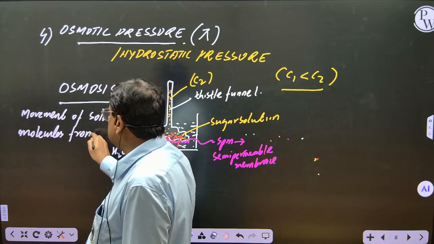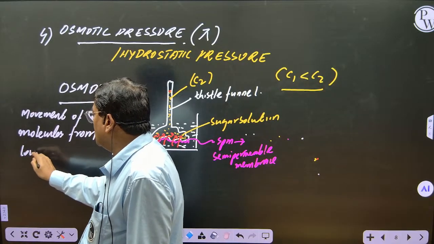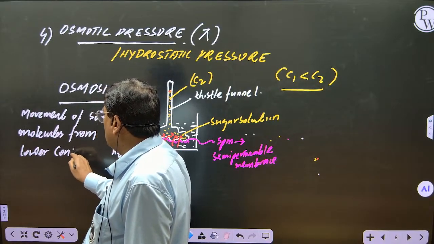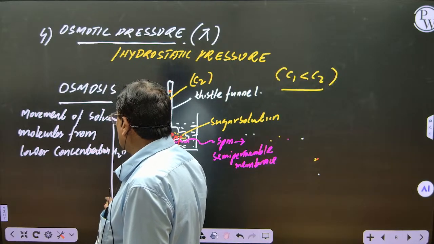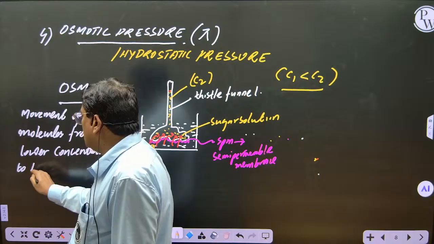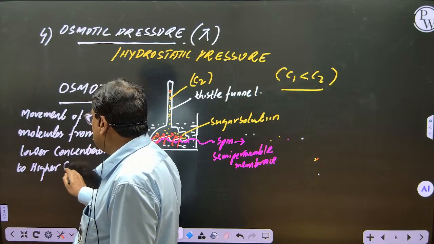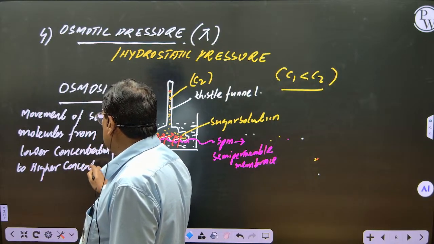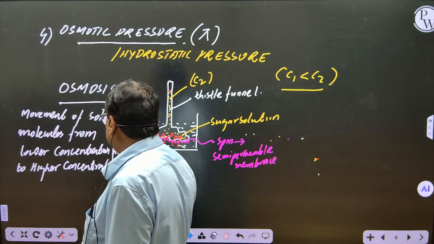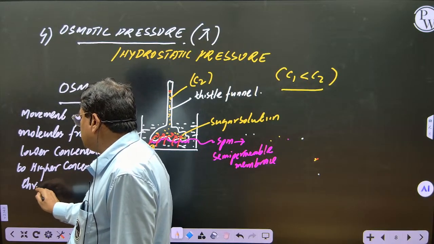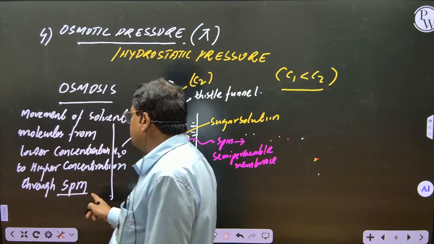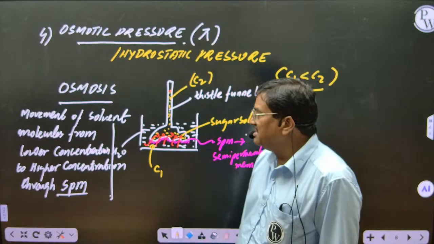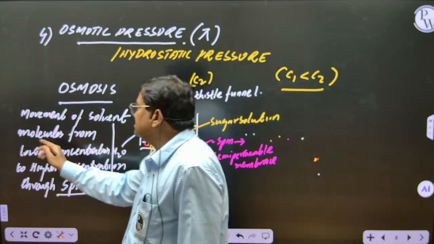From lower concentration to higher concentration through what membrane? Semi-permeable membrane. What is that membrane, students? I abbreviate it with SPM, but you write the full form, semi-permeable membrane, is known as osmosis.